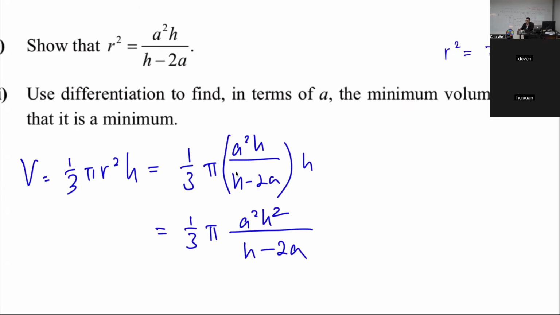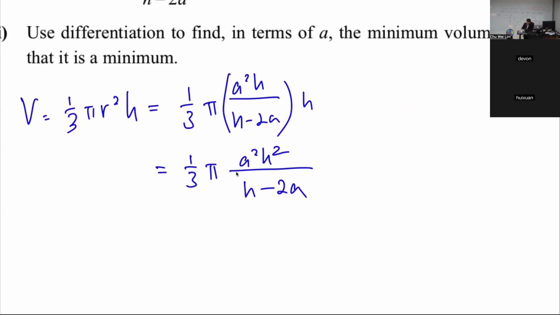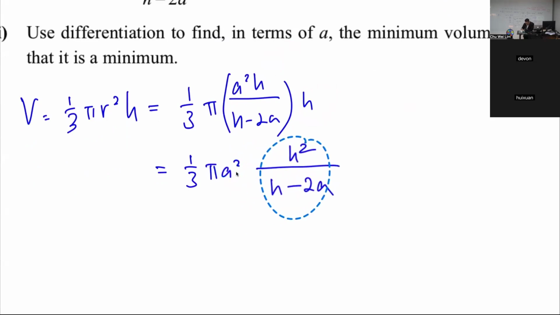Correct? Technically speaking, yeah, right? Just bring the h inside, I bring the a square outside. A square can come out also, right? Shift it a bit up. This one nice.